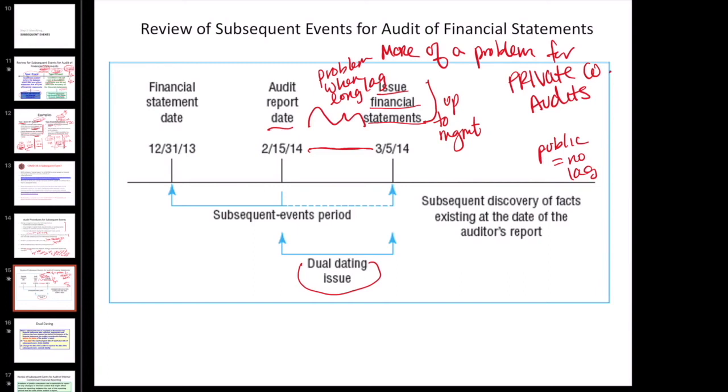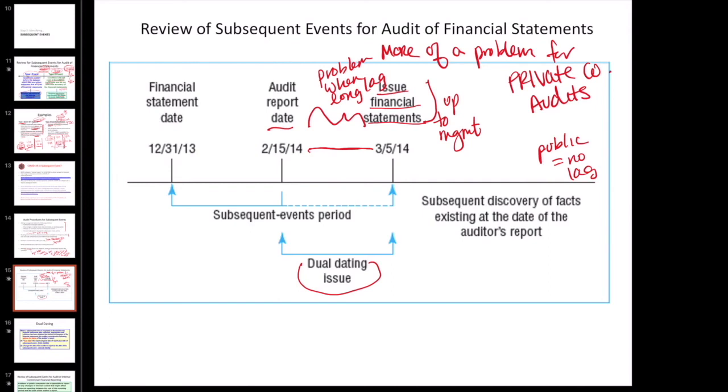They have to file within 45 days or within 60 days. So everybody is scrambling, management is scrambling, the auditors are scrambling up until the very last minute to get all the evidence that is needed to issue that opinion. So you're not going to have some long lag between the date the audit report is issued and the date the financial statements are issued. But in a private company audit, you certainly could have a long lag.